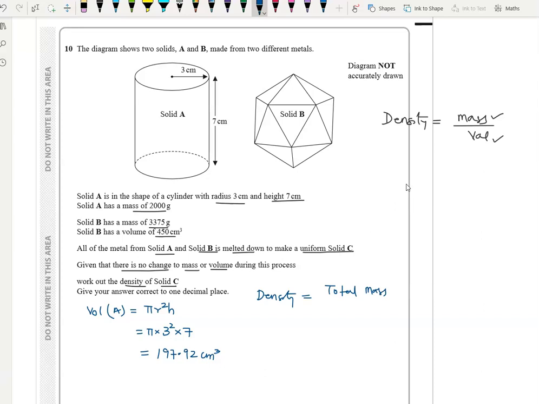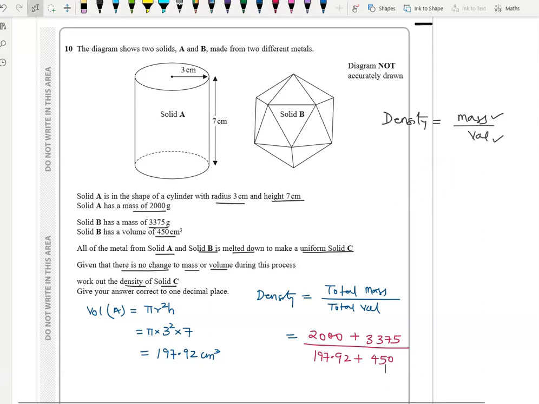Okay. Now to find the density of solid C, we need to take the total mass of both A and B divided by the total volume. Now the mass of solid A is 2000, whereas mass of B is 3375. Volume of solid A is 197.92 and for B is 450.